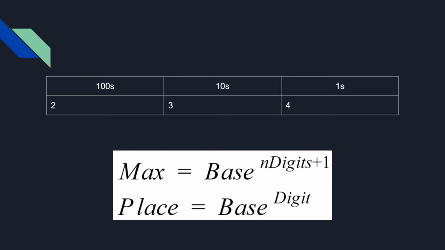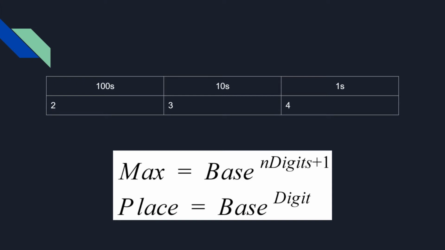Now, you might notice a pattern here. Each place value is the place value right before it times 10. This is because we are in base 10. So, if we look at it, we have ones place, tens place, hundreds place, thousands place, 10,000s place, and so on.